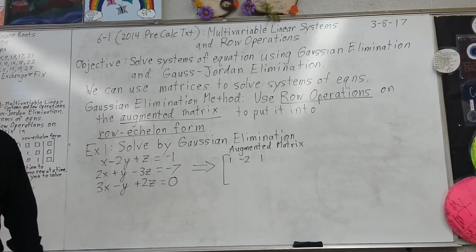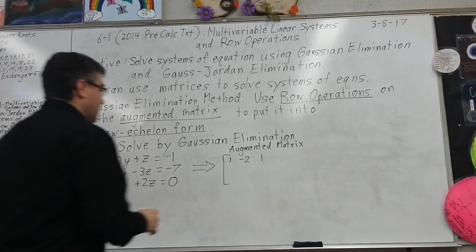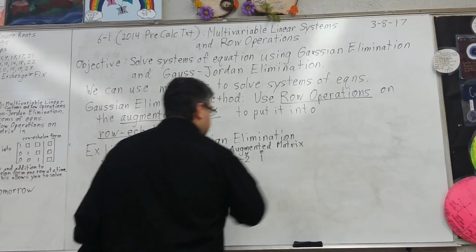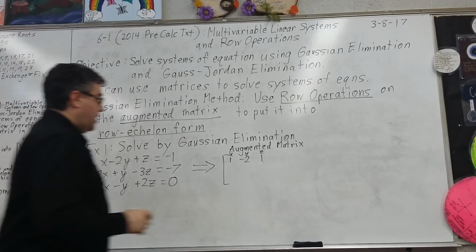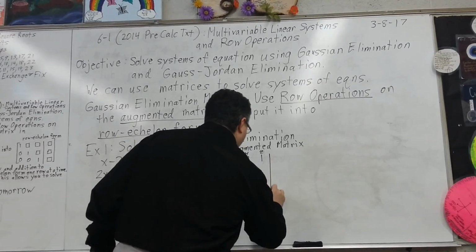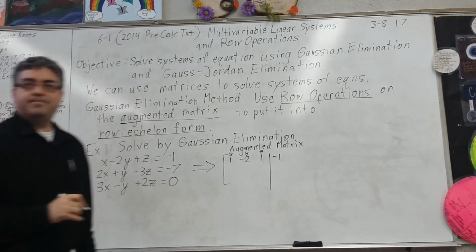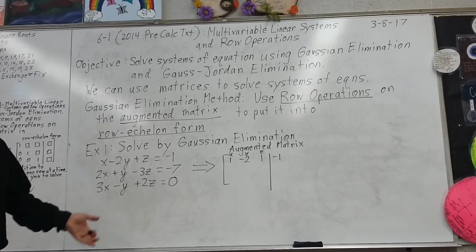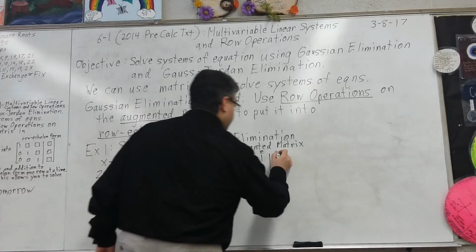So this is the x column, this is the y column, this is the z column. And then we put a little bar, and we put the answer column. And that's how you make the augmented matrix. Okay?